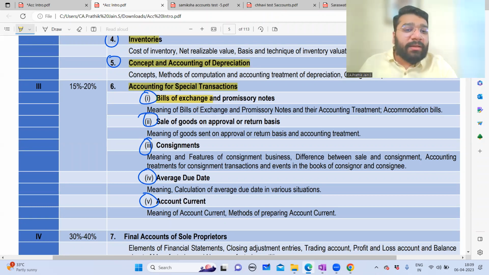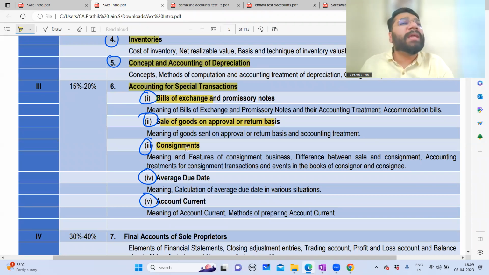Next is sale of goods on approval or return basis, which is absolutely a new concept at the foundation level. Excellent chapter. Consignment. This is the chapter which most people fear, but trust me, this is one of my favorite topics. Very interesting chapter. Nothing to fear when I'm here. Consignment, again, every attempt 10 marks.